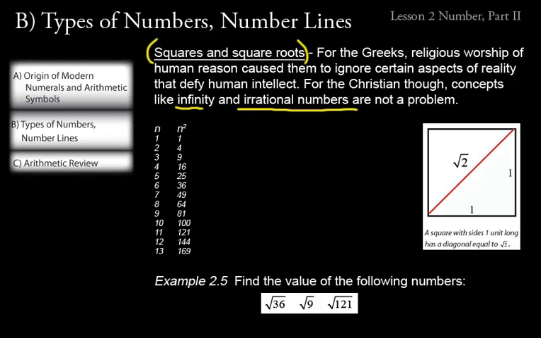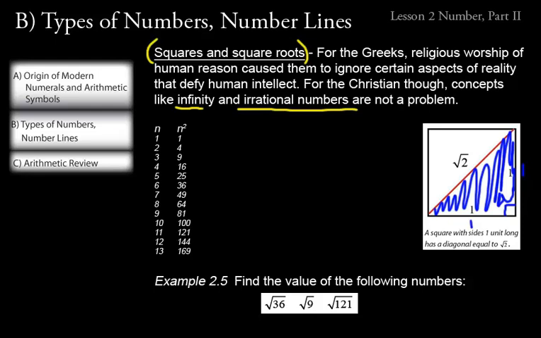So like the square root of 2, an irrational number, there's no simple way to write that. It has a non-repeating decimal pattern. But the Greeks found that you could make a square, which has square corners or right triangles, and the square has a diagonal. You can see the triangle that forms there has sides equal to 1 each, and then the diagonal is equal to the square root of 2.